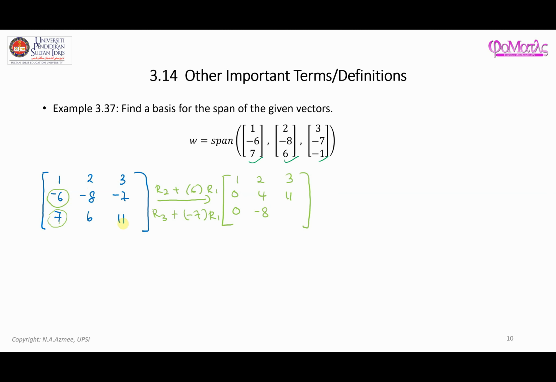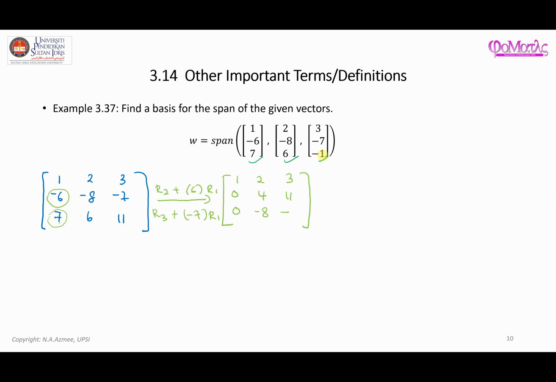So 11 minus 21 is negative... Sorry, this is not 11, this is -1.